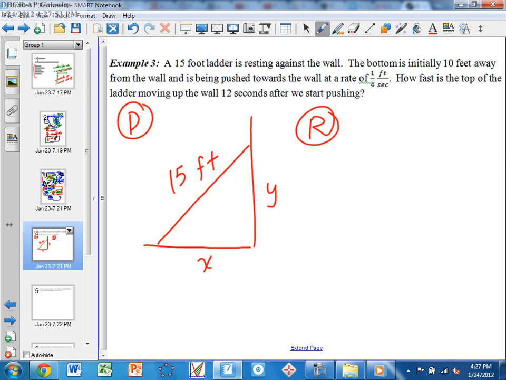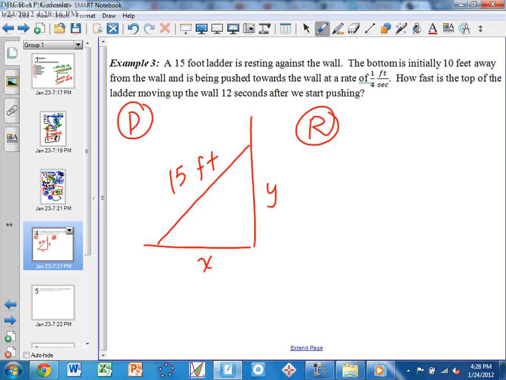Yeah. Okay, but let's be a little more specific. How fast is the top of the ladder moving? So if something is moving, what do we call it? Speeding or accelerating. So we're looking for its, what's the term? Velocity. Again, what we're trying to figure out is this. If you want to know how fast something is moving, you're always looking for velocity.